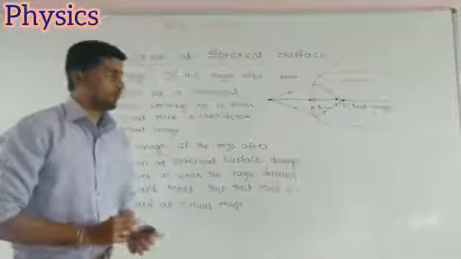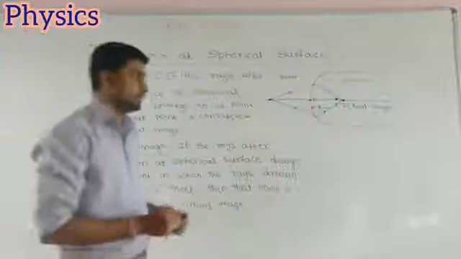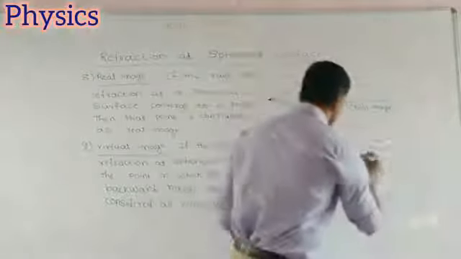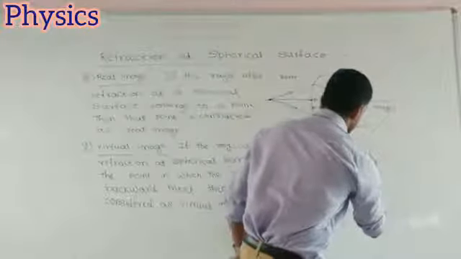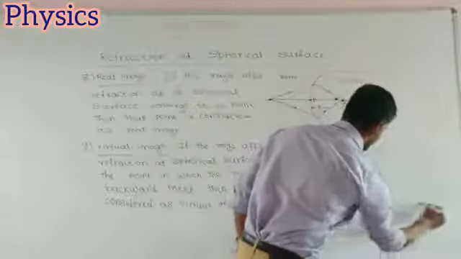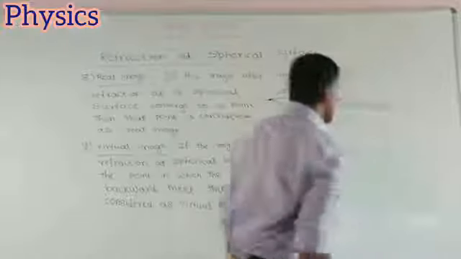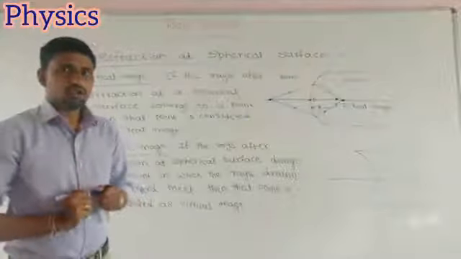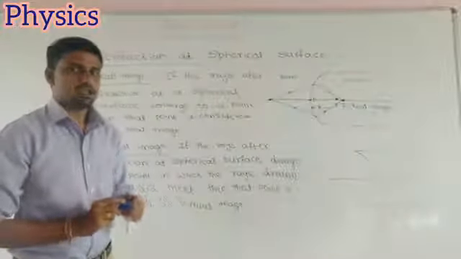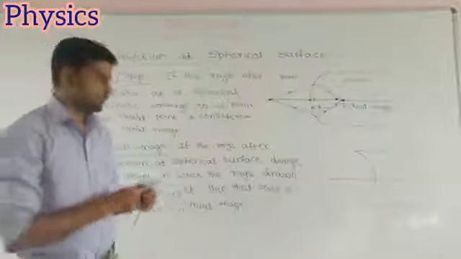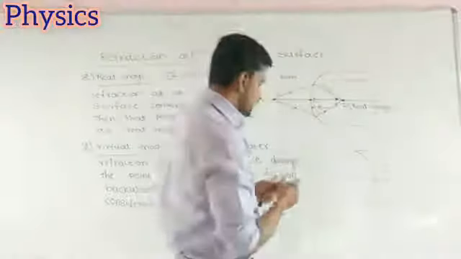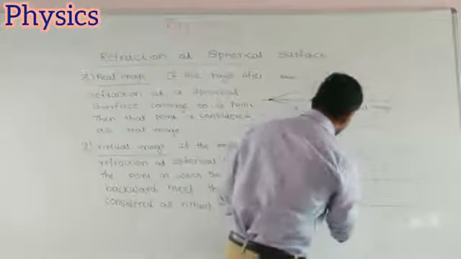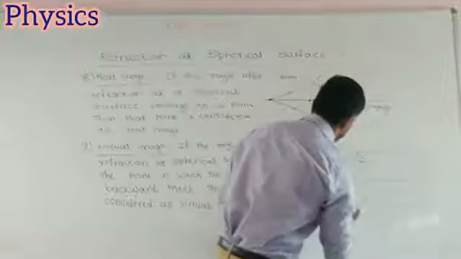Now let us see what we mean by virtual image. Here I am going to draw a concave spherical surface. This is a concave spherical surface, and this is the principal axis of the concave spherical surface. Here I am going to incident a converging ray of light like this.